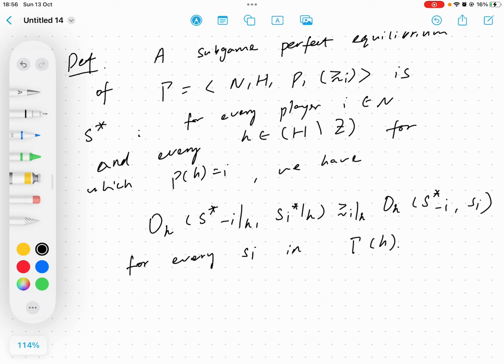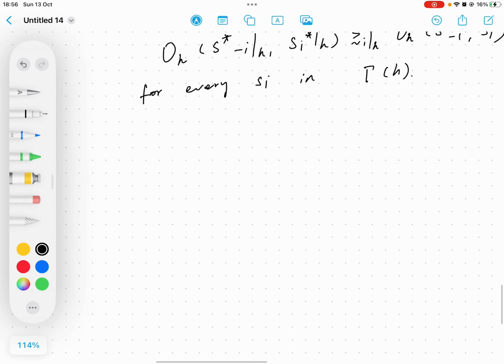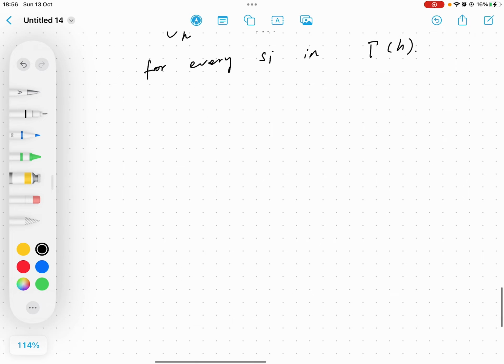All right. Now we're going to introduce some important result, which is called the one deviation property. Or sometimes it's called one-shot deviation, but here we just refer to the textbook. It's called one deviation property or one deviation principle.